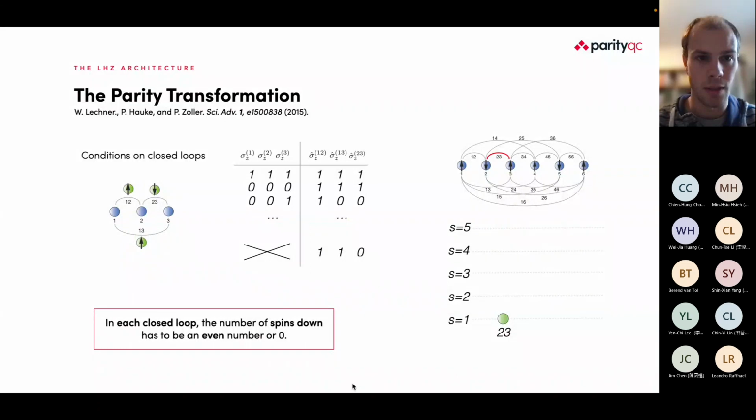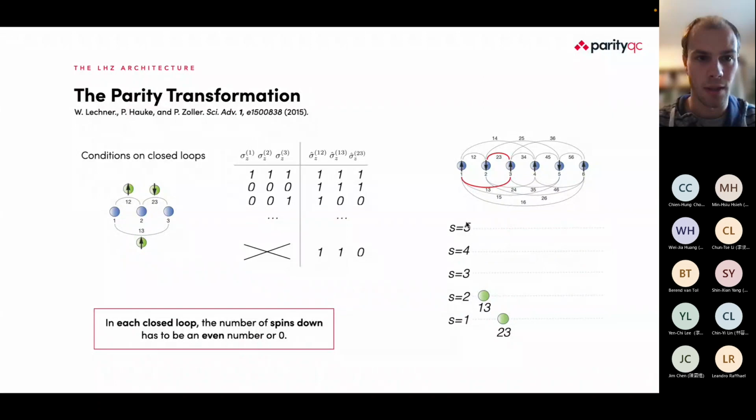And when we look into how we do that, let's now, for this Ising model here, construct these closed loops. So let's start with parity qubit 2, 3, and place this on the very bottom line of the chip. Then we continue on this loop and add parity qubit 1, 3 on the next line.